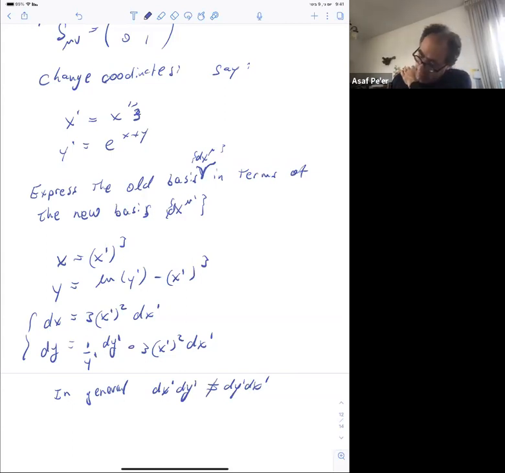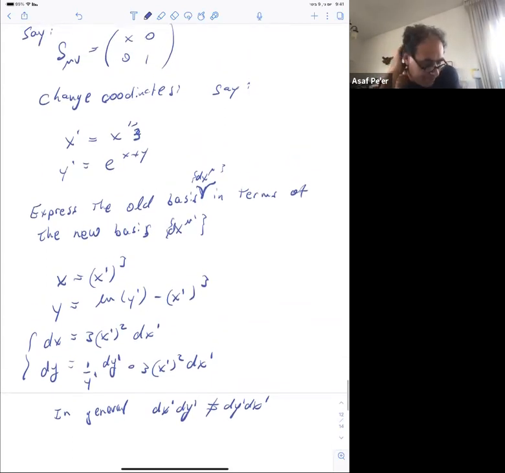So I can write down S in terms of the new coordinates.